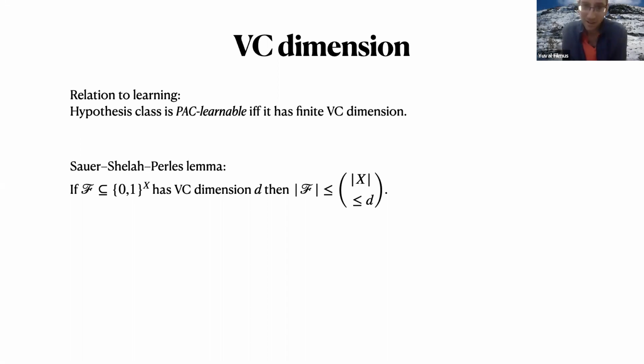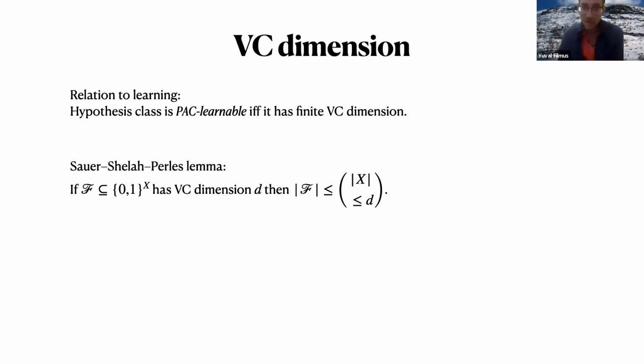Okay, so this n choose at most D is just n choose 0 plus n choose 1 plus n choose 2 plus up to n choose D. I'm not sure how standard this notation is, but it's quite self-explanatory. And this is tight because if you take the collection of all sets of size at most D, then you can convince yourself that it has VC dimension D, and it contains exactly n choose at most D elements. Okay, so this is the Sauer-Shelah-Perles lemma.